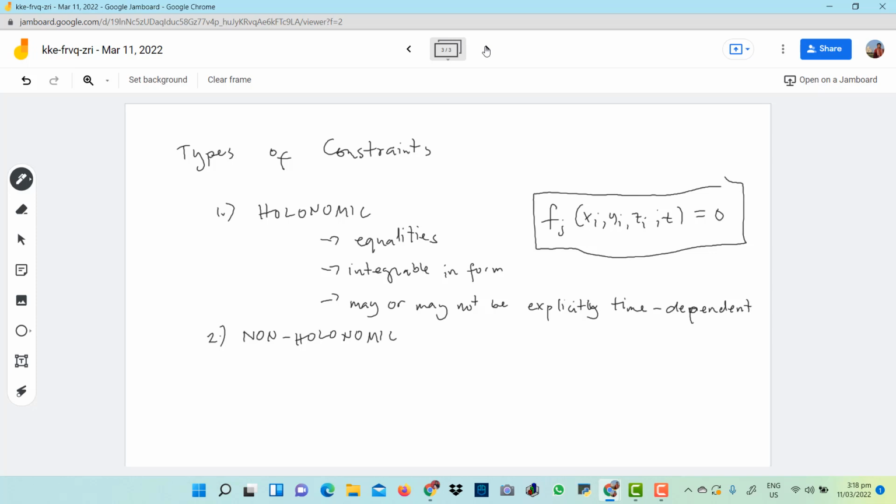It's either a function of position only, x, y, z or r, theta, phi, or a function of these positions and of time. Usually it is written with a semicolon that separates the position and the time.